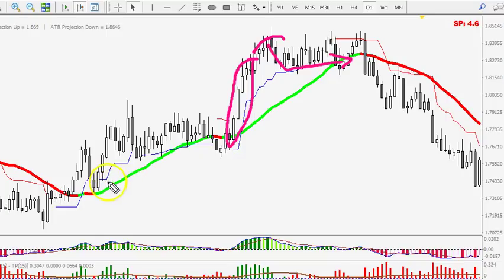But the very first thing I always want you to see is the moment the color changes. We look at the first candle that either crosses or just right after that. In this case, it's over here. Let me take that off. In here, it is over here, and here you can see it's over here.